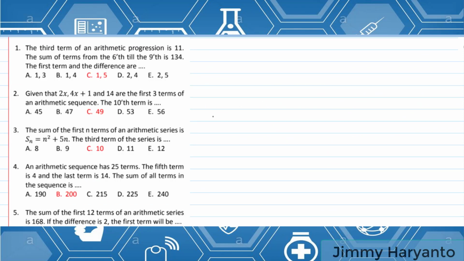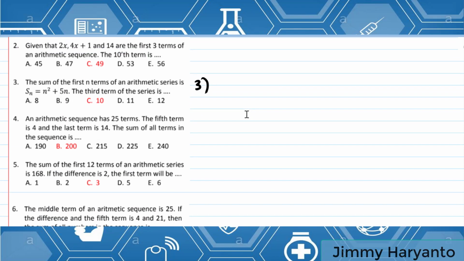Next is number 3. The sum of the first n terms. So the formula for the sum is already given. If you find questions with a formula in the question, you can put n equals 1 into the formula to find U1.